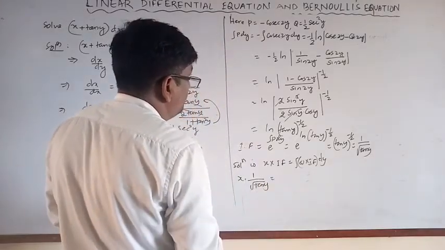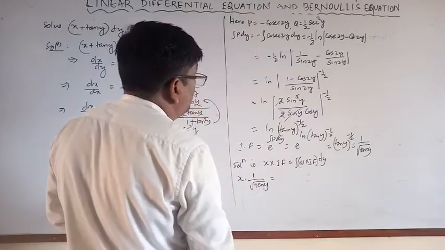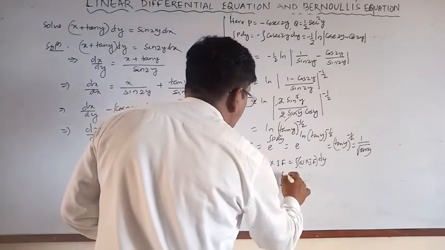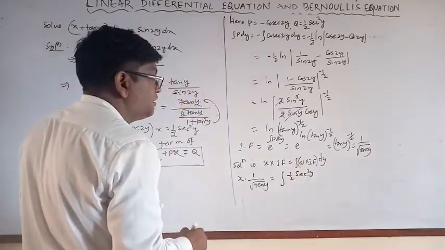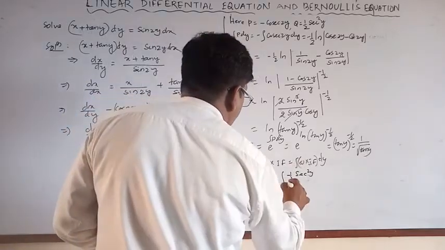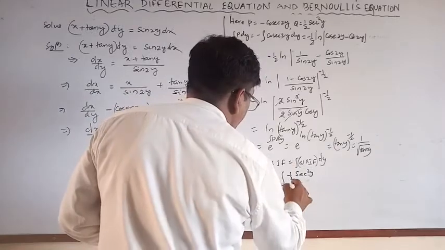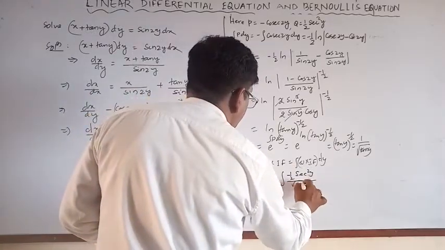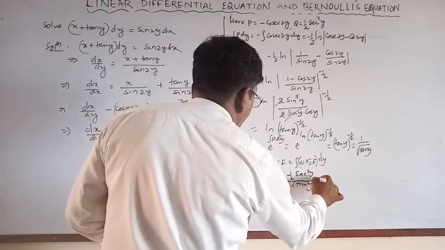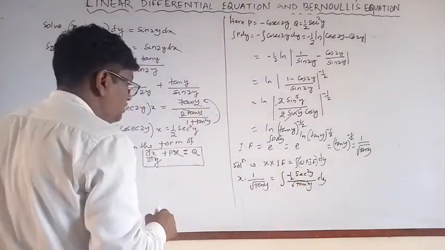Q means, q is equal to half, integration of 1 by 2 sec square y divided by root over tan y, divided by root over tan y, dy. So the solution is what?